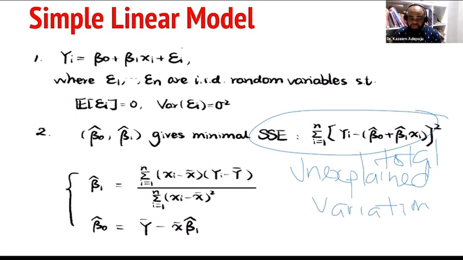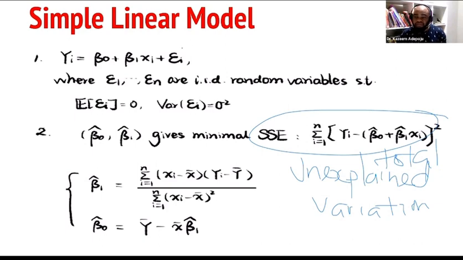With the method of least square, we assume an approach that can minimize the sum of square error.